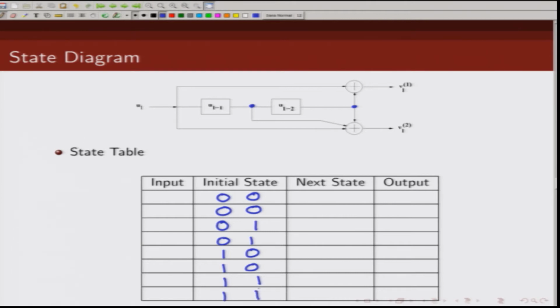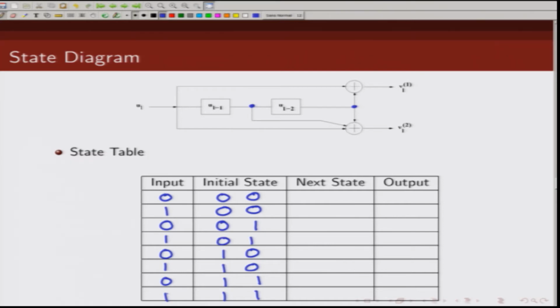And corresponding to each state, we can have input 0 or 1. Okay. So, now let us look at each case separately. So, we have an input 0 and initial state 0.